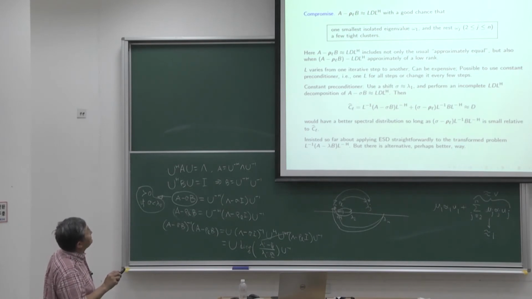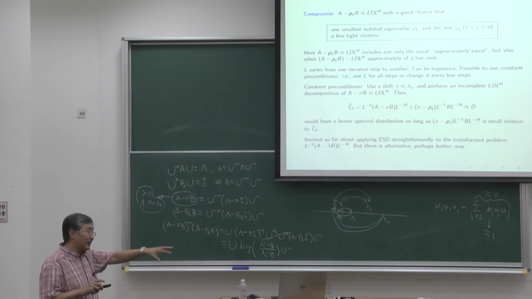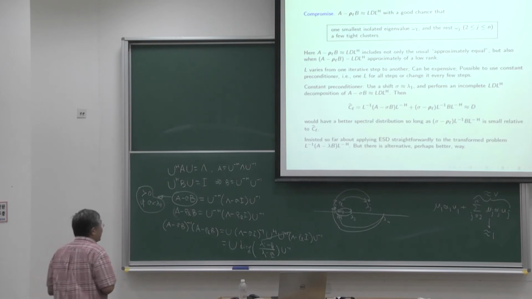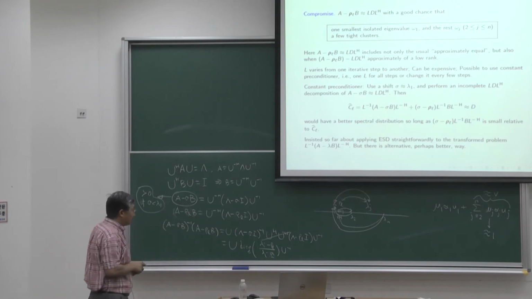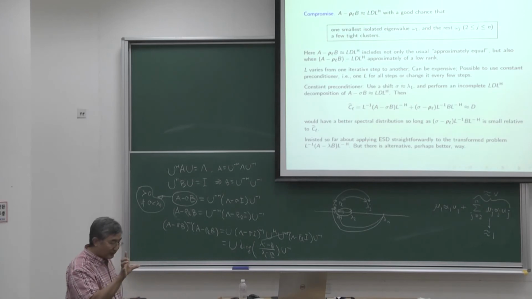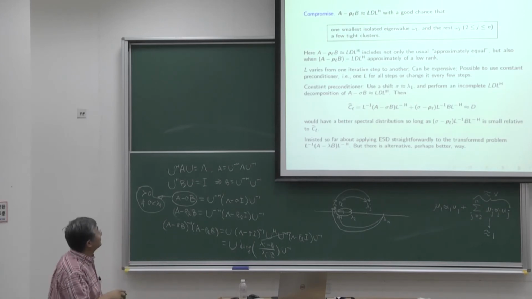What we do is an incomplete decomposition, almost equal, in such a way that there's one smallest isolated eigenvalue. So omega 1 is isolated, hopefully away from the rest, as in the picture I erased, because omega 1, omega 2, the gap, plays a big role.